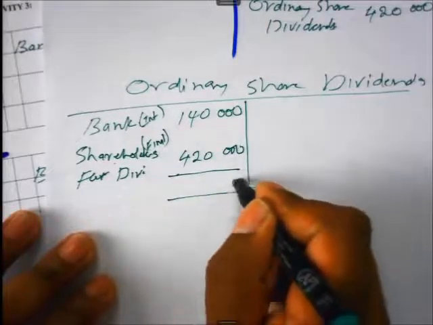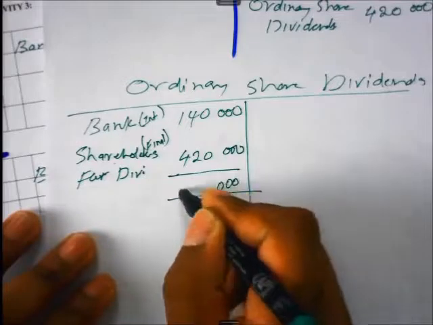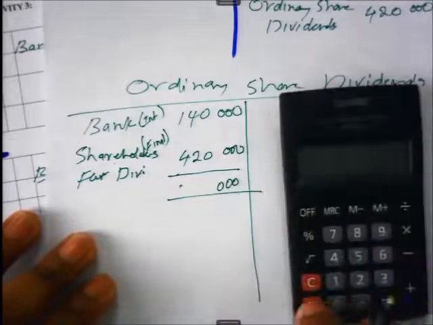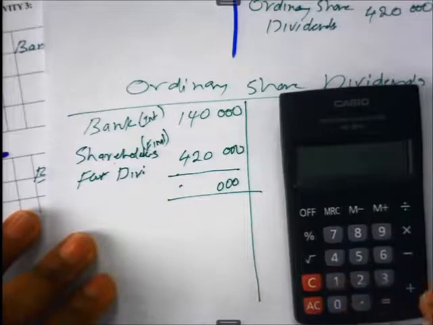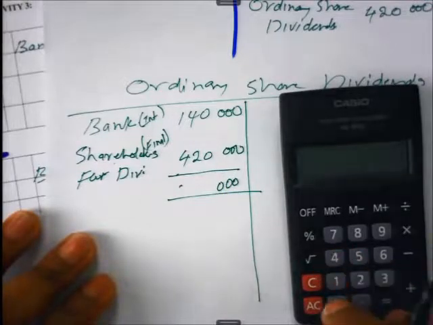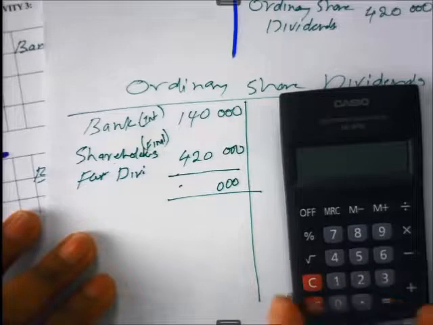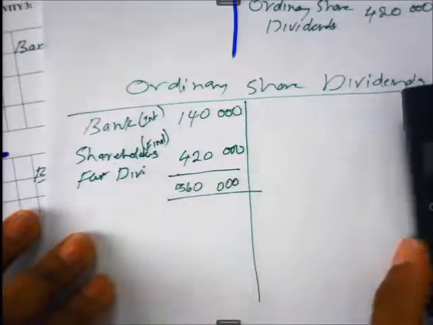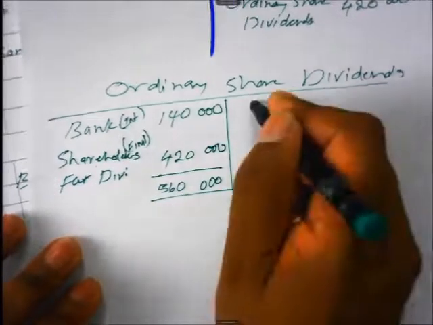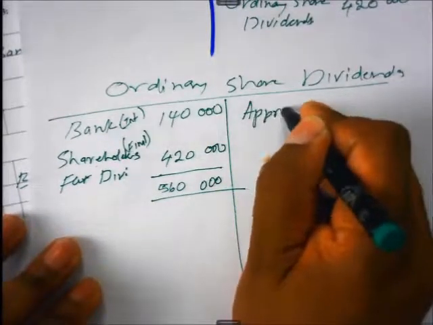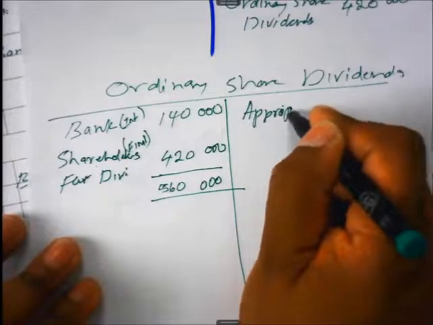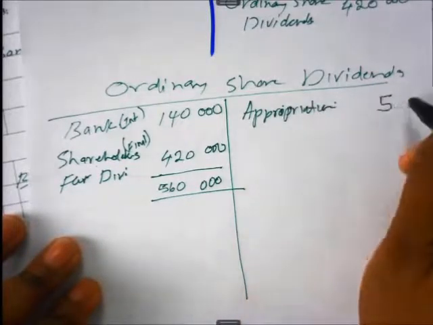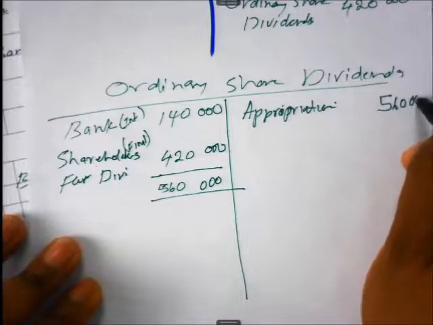The total dividends here would be 140,000 plus 420,000, which gives you 560,000. And then we close that account to the appropriation account, 560,000.